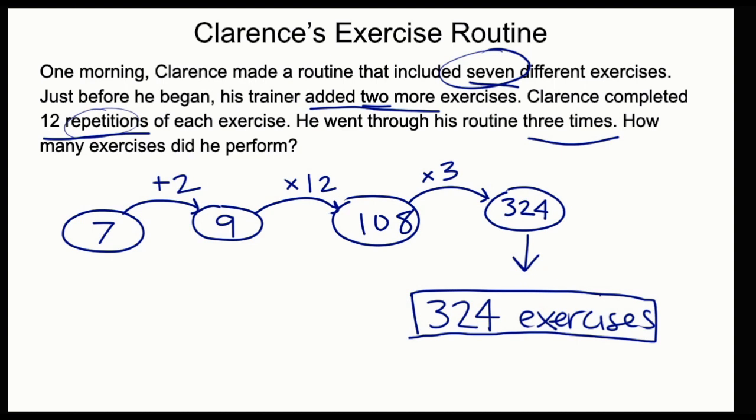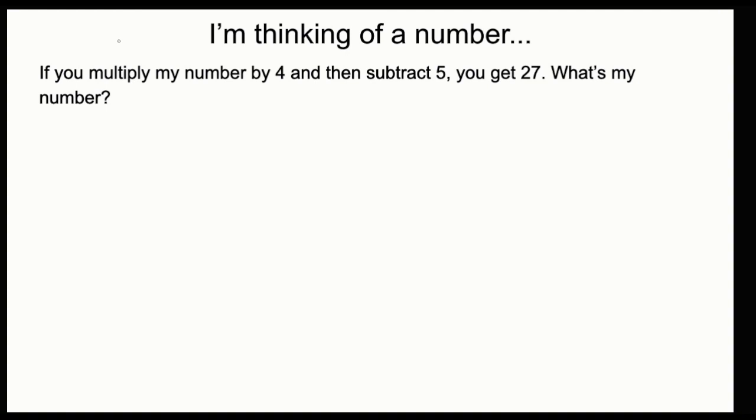Let's do another example, one where I'm thinking of a mystery number. If you take my mystery number and multiply it by 4, and then subtract 5, you get 27. What's my number? Here we might make a flowchart, but I don't really know what to start with because I don't know my mystery number.